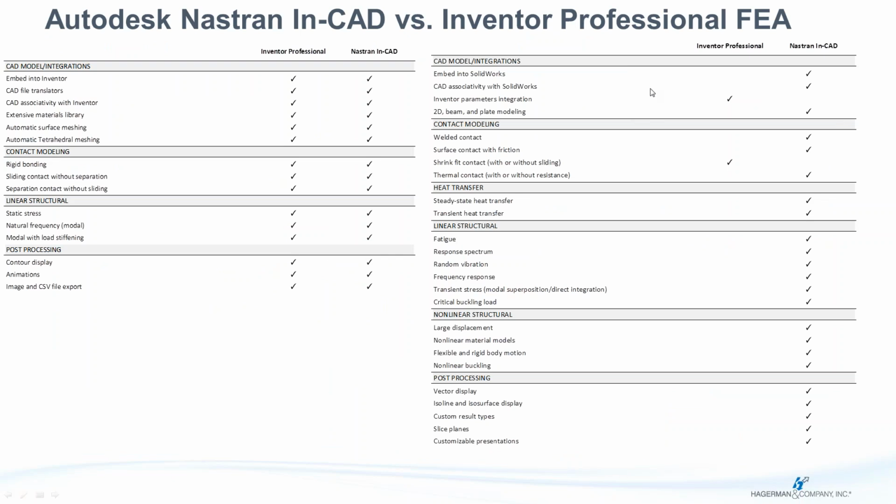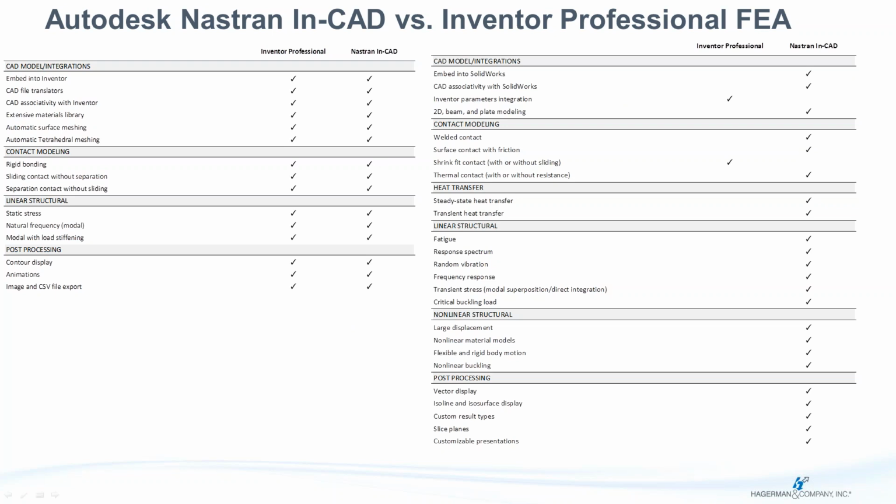Another tool, and oh gracious, almost 100 folks here looking at this. I'm betting that some of you really want to take your analysis a little bit deeper. So Autodesk has provided Nastran In-CAD. It does work directly in the software, much like Inventor Professional does.